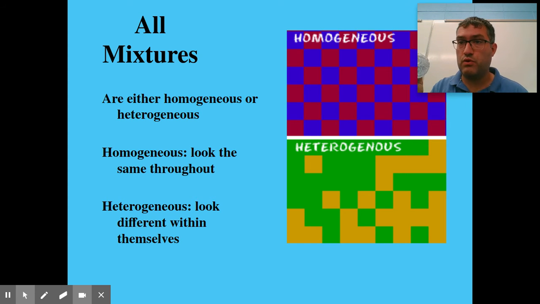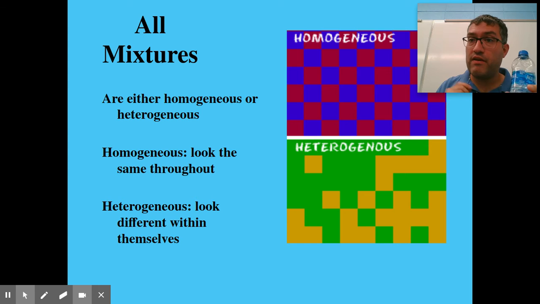It's not just water. It's not just H2O. I don't see the minerals floating around in there, though. So that means that this is a homogeneous mixture. It looks the same throughout. If I were to throw a spaghetti noodle in here, now I have a heterogeneous mixture because I can see the noodle. It's different from the water. Visible differences means you have a heterogeneous mixture.